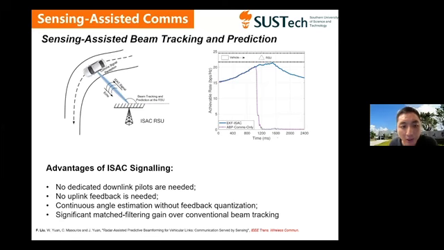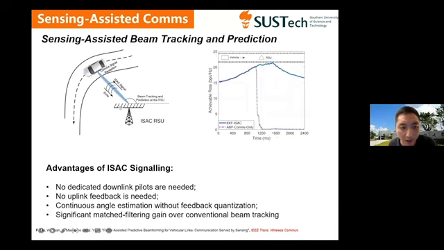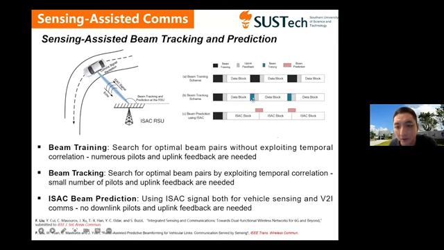And we can do continuous angle estimation based on the signal-level estimation without the feedback quantization, because in order to feed back an optimal beam, you should first quantize this beam into bits and then feed it back to the RSU. And finally, we can have a significant matched filtering gain over conventional beam tracking, because we're using the whole block to do sensing, but there we're just using a limited number of pilots to do sensing.